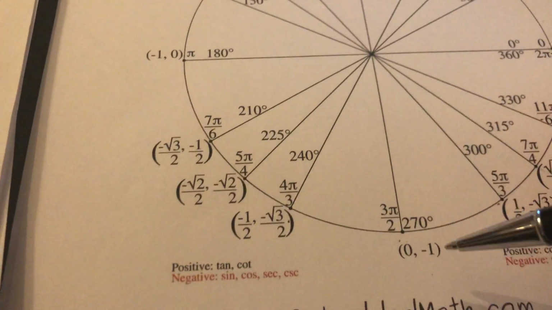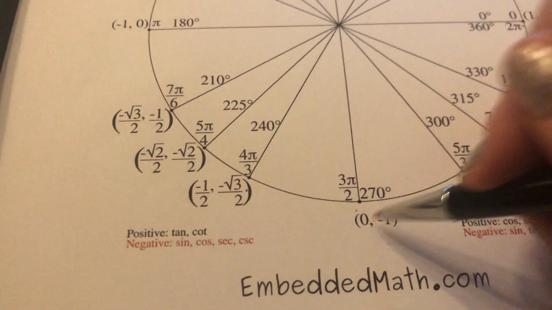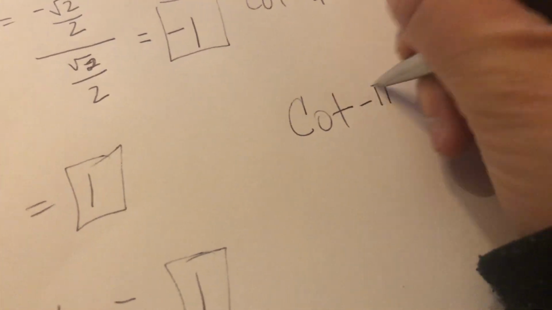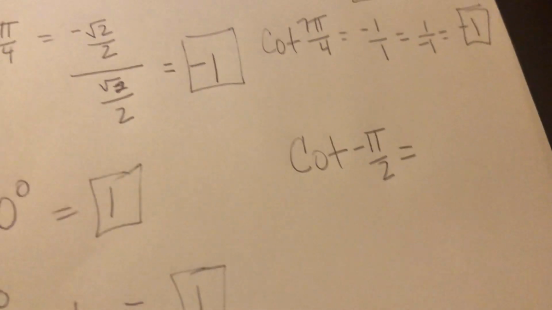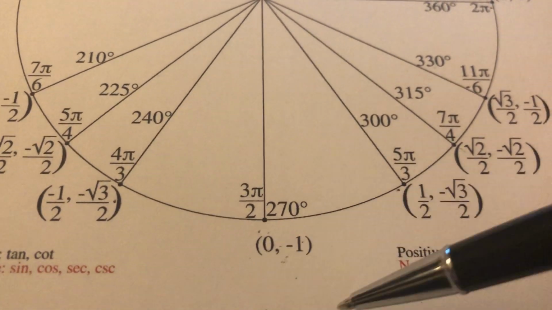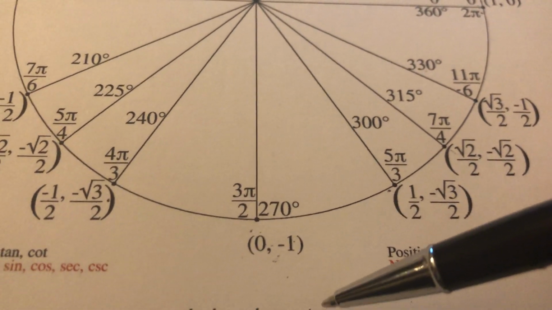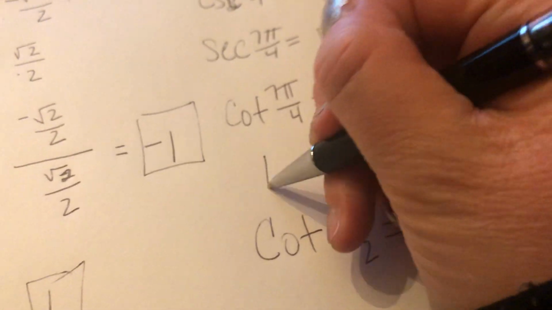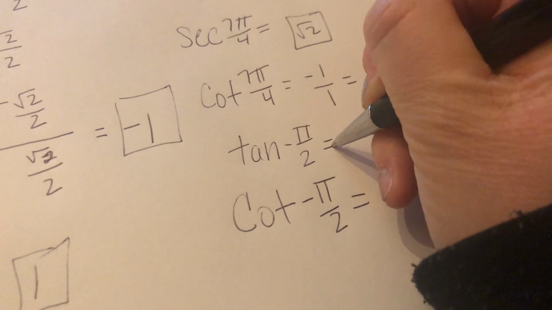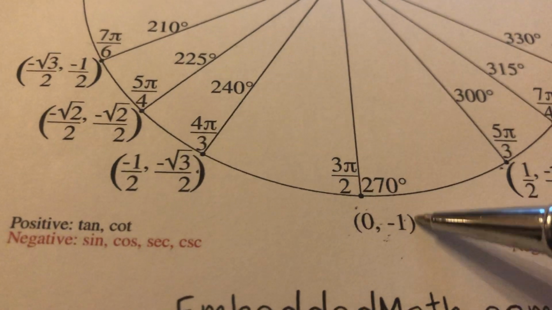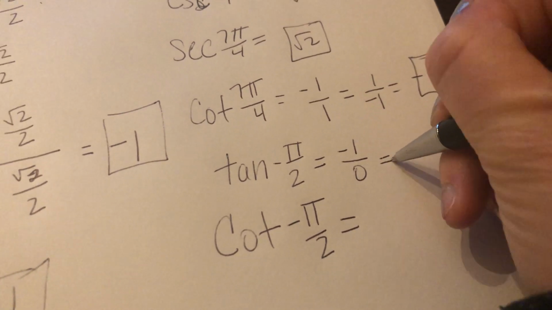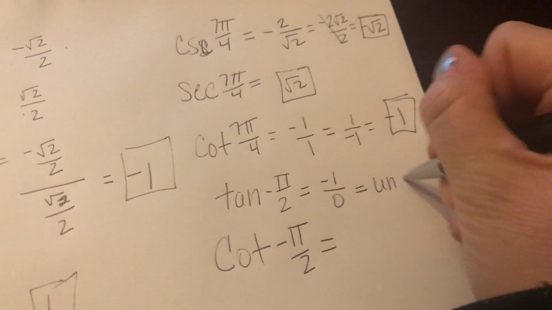So I wanted to find the cotangent of -pi/2. Well, what is my tangent? My tangent is y over x, right? So if I wanted to find the tangent of -pi/2, I'm getting y, which is -1 over x. So -1 over 0, which means the tangent at pi/2 is undefined.